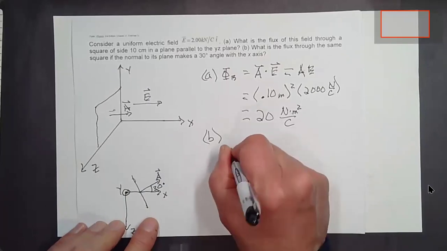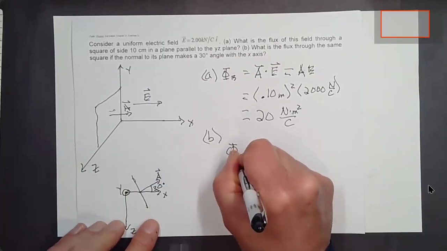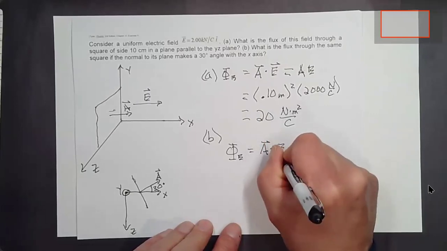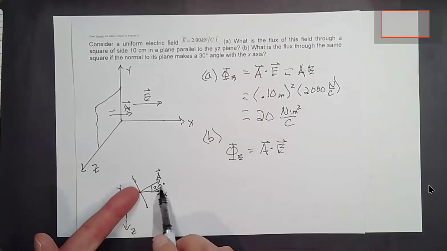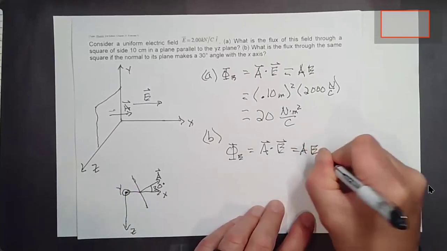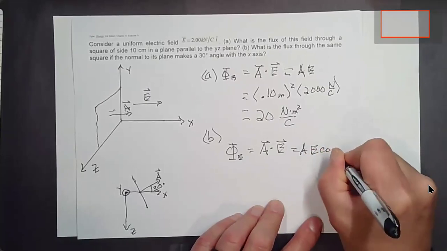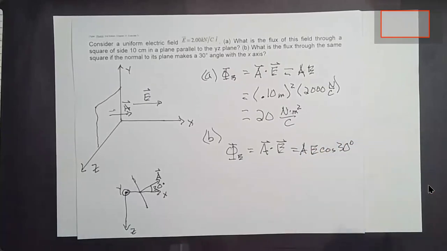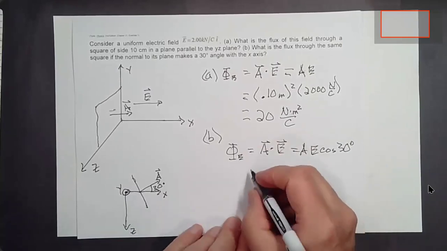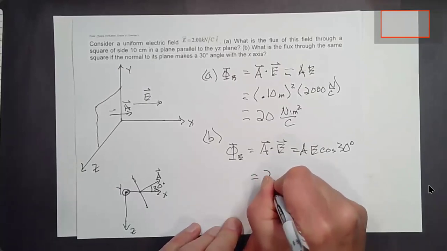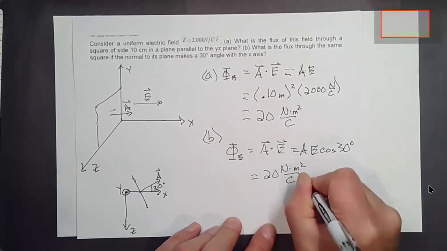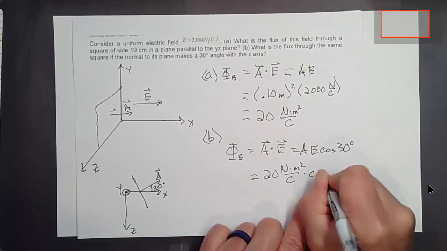Anyway, in this case, the flux of the electric field will equal A dot E, and there's a 30-degree angle between A and E, so it'll be the magnitude of A, magnitude of E, cosine of 30 degrees. And so the AE we just calculated, it's going to be 20 Newton meters squared per coulomb times the cosine of 30.